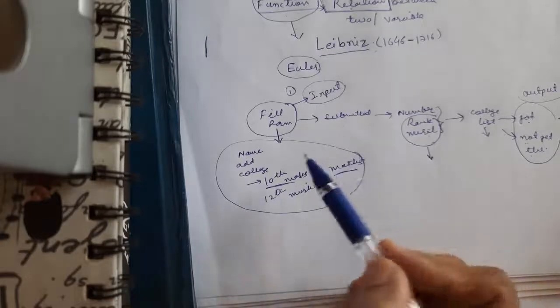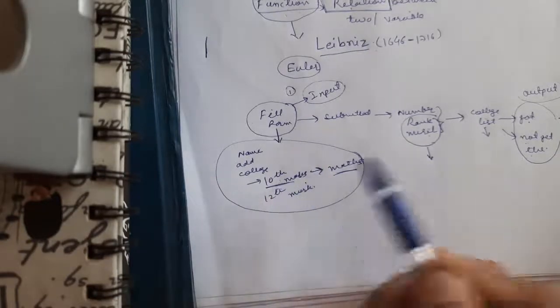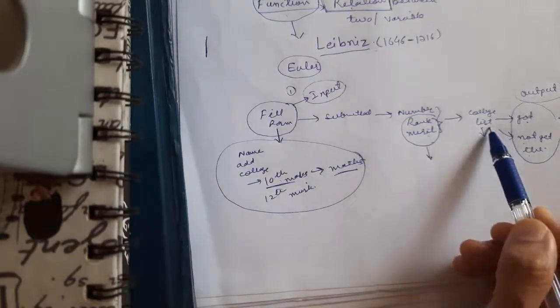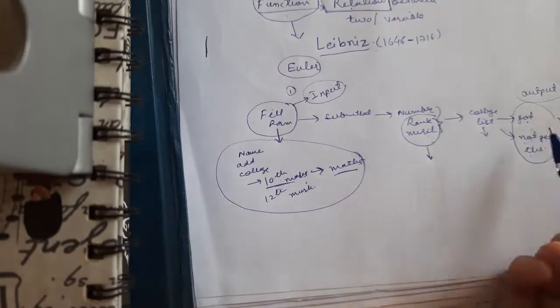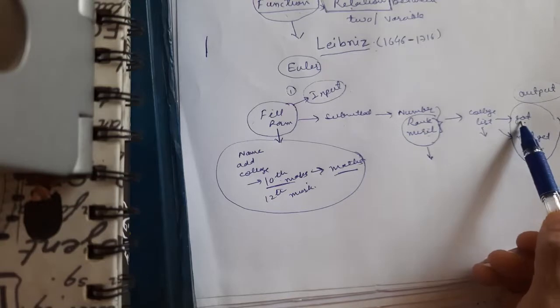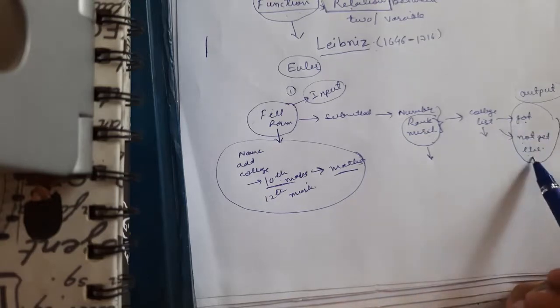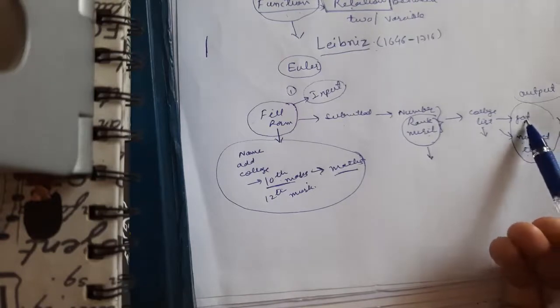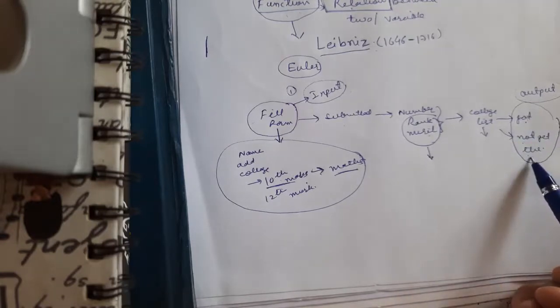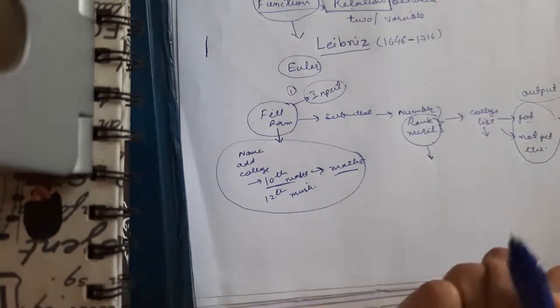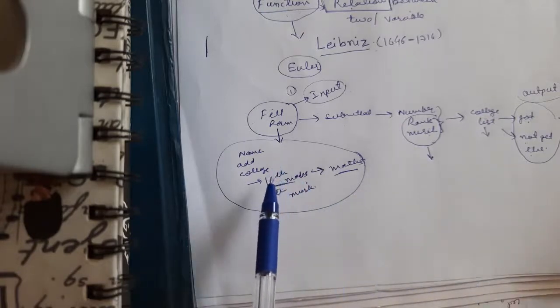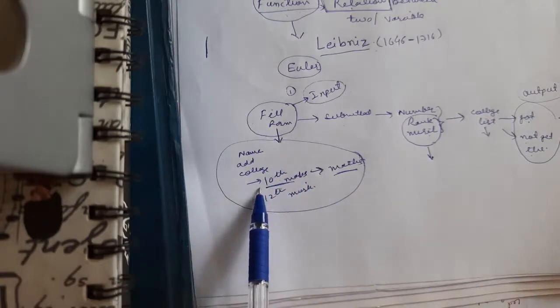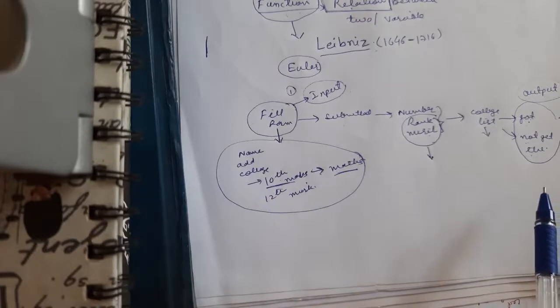Suppose I have filled in the marks, followed all the procedure, and at the end on my admit card I see that I got the college as well as I did not get the college. This is not possible, right? Either I am going to get the college or not get the college. So I get exactly one output from exactly one input. Okay, so this is a function.